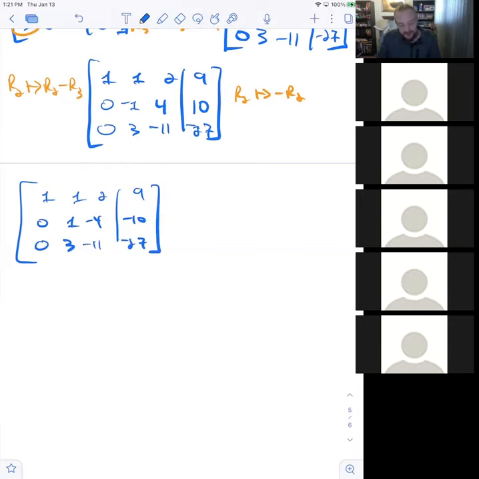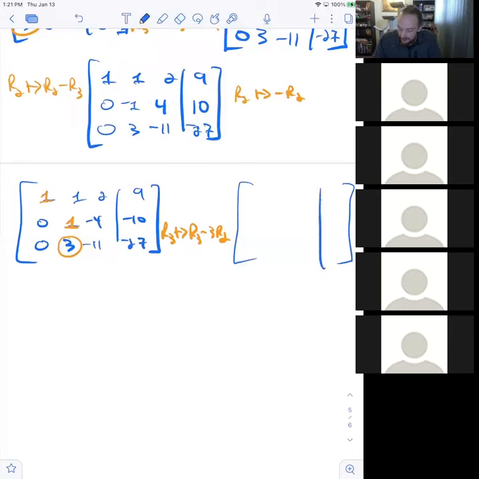Now, what I'm doing is I'm asking myself, in every case, do I have row echelon form? And in this case, no, because I still have this 3 to get rid of. So now I have a leading 1, I have a leading 1. And so what must I do? I have to get rid of that 3. So that says row 3 goes to row 3 minus 3 row 2 this time. I'm going to get a new equivalent augmented matrix.